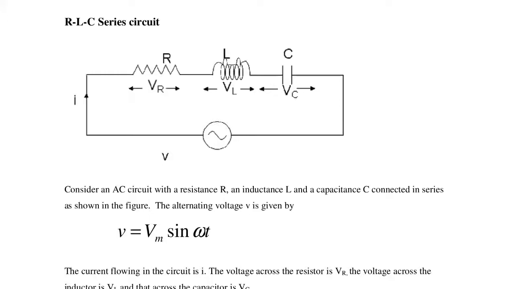The same current I is passing through the inductance L, and the same current is passing through the capacitance C. So in a series circuit, the current is the same in all elements. That means the current flowing in resistance, inductance and capacitance is the same because they are connected in series.